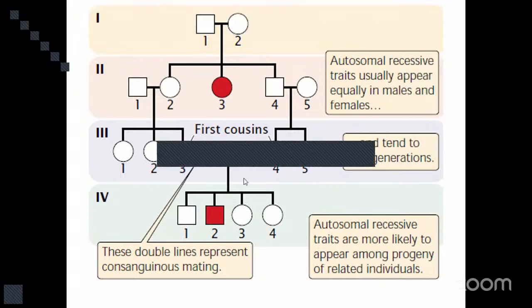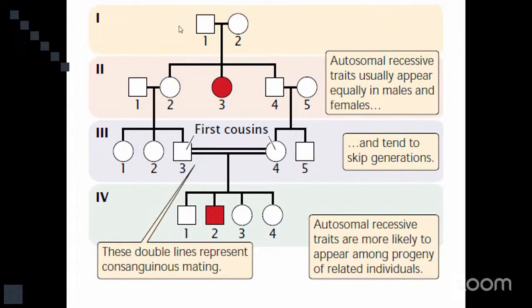So now let's look at this other one. Here we have generation 1, 2, 3, 4. First generation, nobody is affected. Second generation, 1 person is affected, the daughter here.